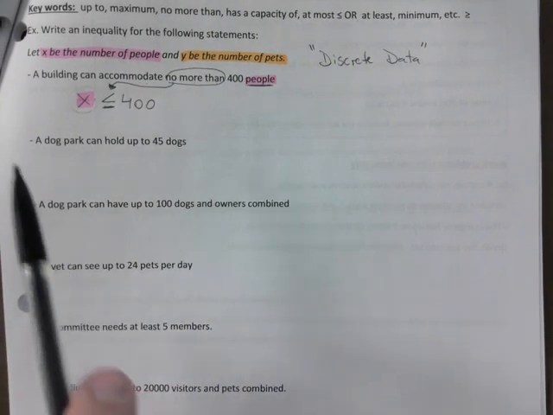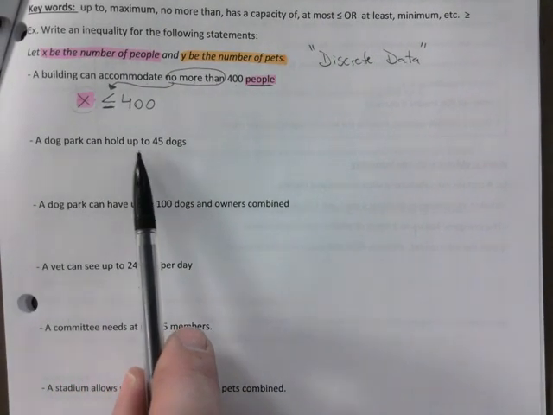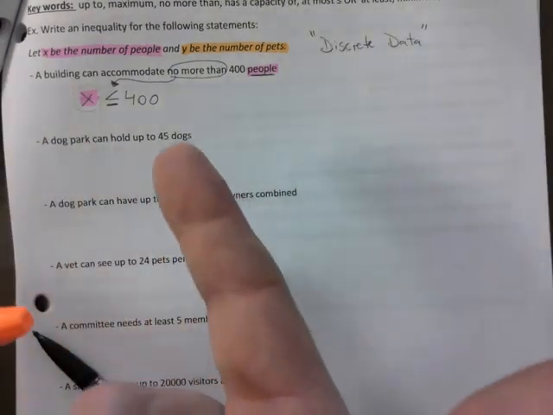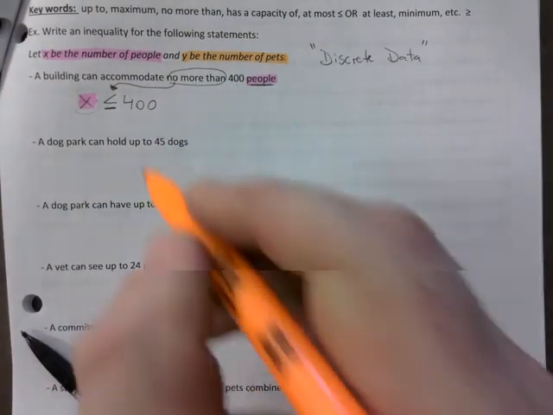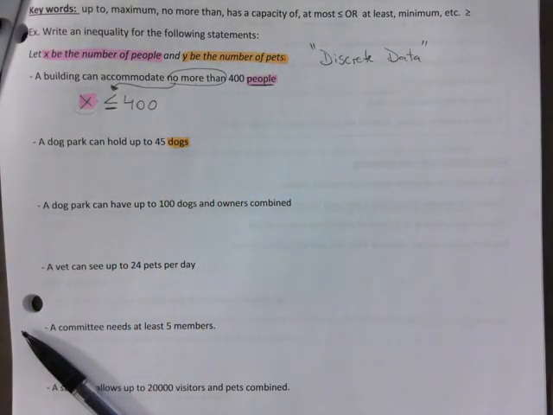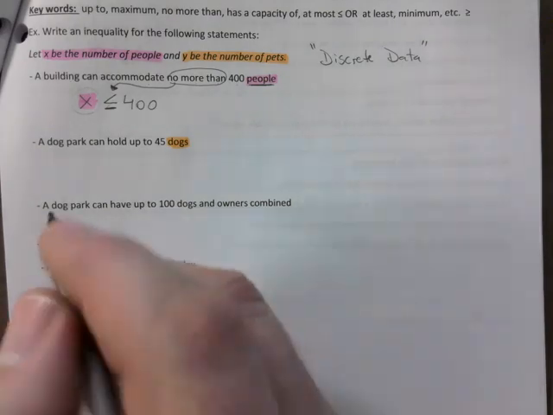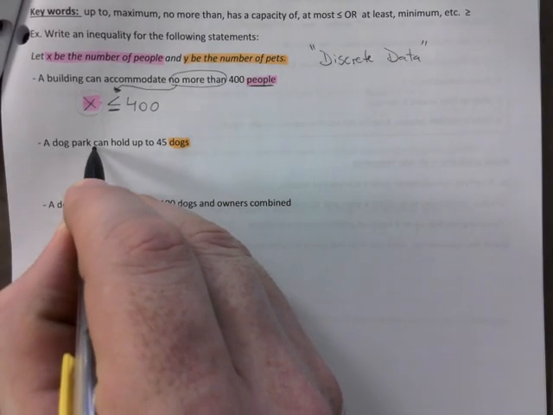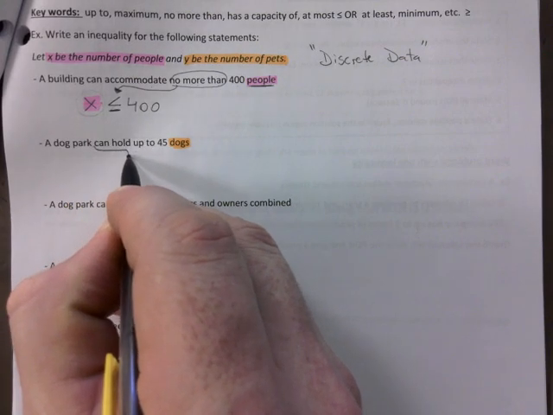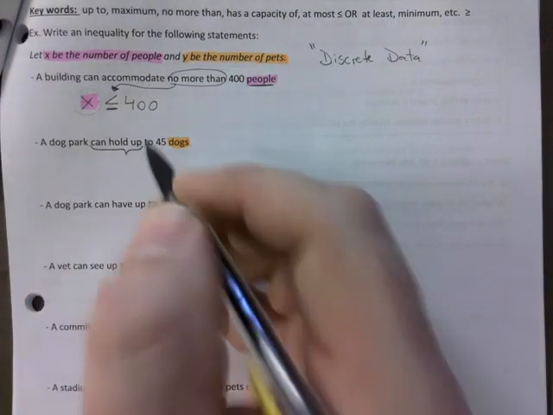So let's keep going. A dog park can hold up to 45 dogs. So if you think about it, this is very specific just to dogs. This is talking just to the amount of dogs. And can hold up to, right, this part right here is going to give us our inequality.